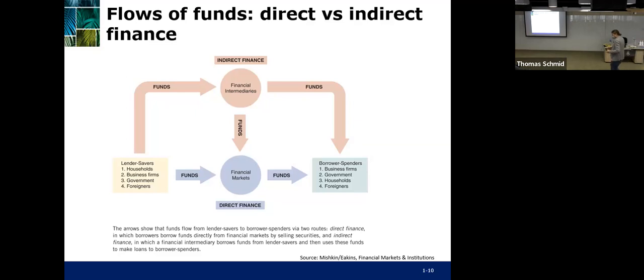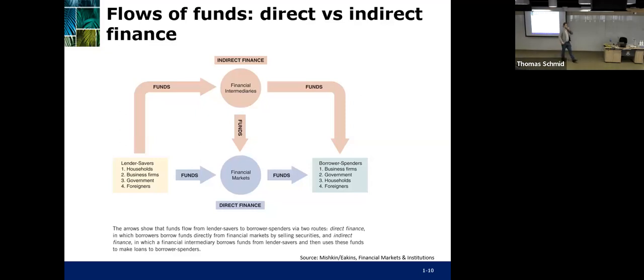It's basically a way for both to get to know each other. So they directly meet at the market and write a contract to transfer the funds. Jack goes to the financial market, Amy goes to the financial market, they meet, write a contract, funds transfer.